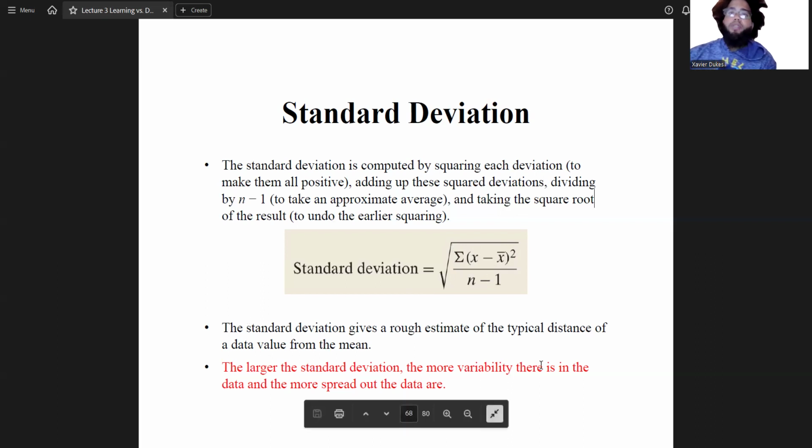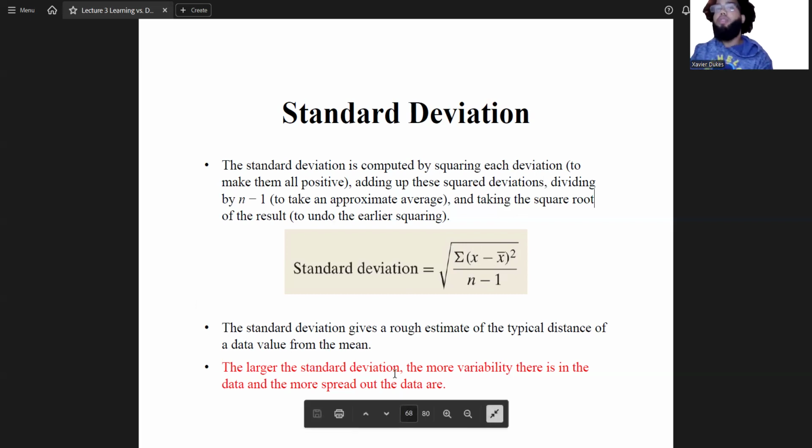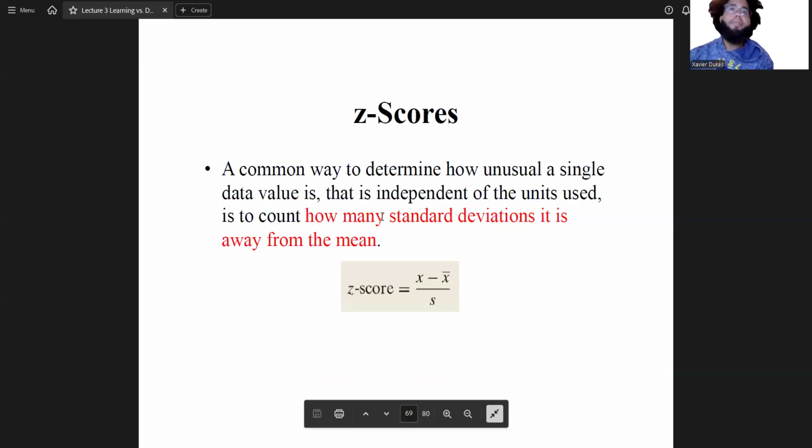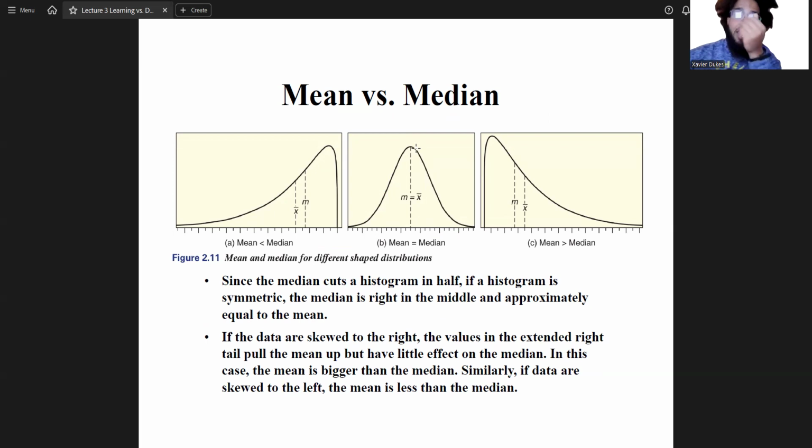It gives a rough estimate of the typical distance of a data value from the mean. The larger the standard deviation, the more variability there is in the data and the more spread out the data is. A great instance of this is you typically see standard deviation applied under these Gaussian or normal distributions, where I think in a Gaussian distribution, you have 68% of the data falls within one standard deviation from the mean.